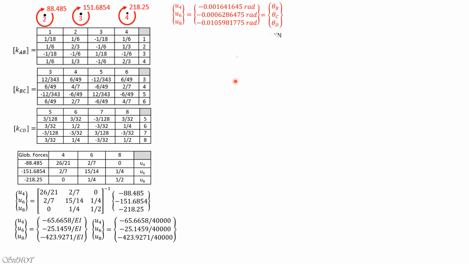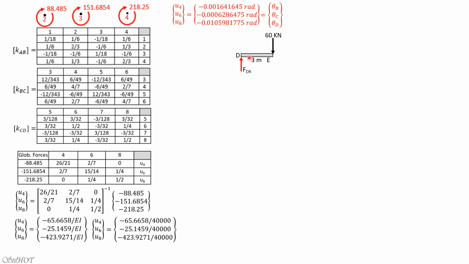Now for the member forces. By the way, let's now include DE here. So this is the portion DE. So remember that there's no fixed end force here, because if you sum up, remember this is fixed ended. And if you take moment about that end, then there will be no moment. There's also no moment because the load is acting over the fixed end.